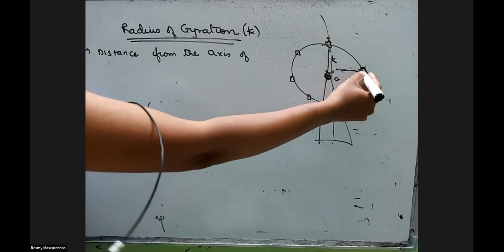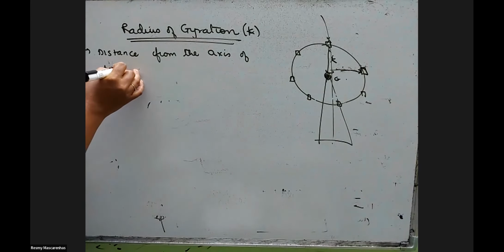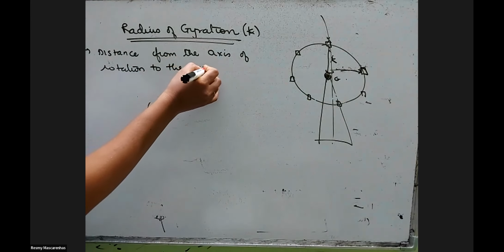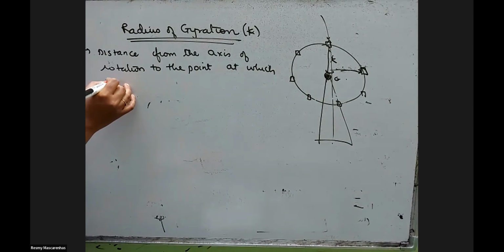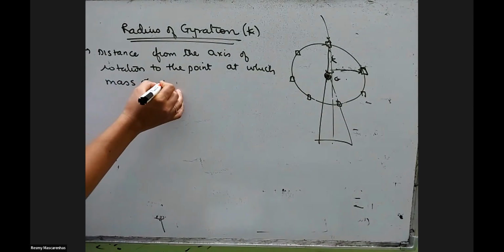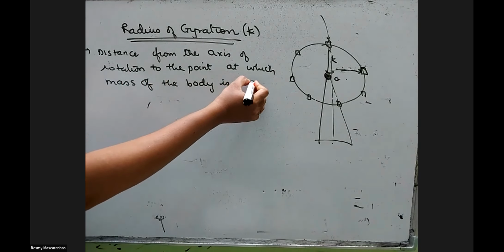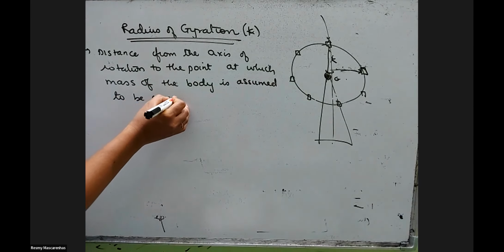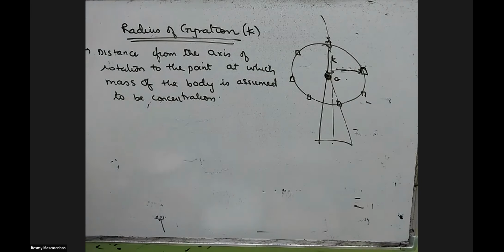We are here, and this would be the distance at which the mass of the body is assumed to be concentrated. It is denoted by K.